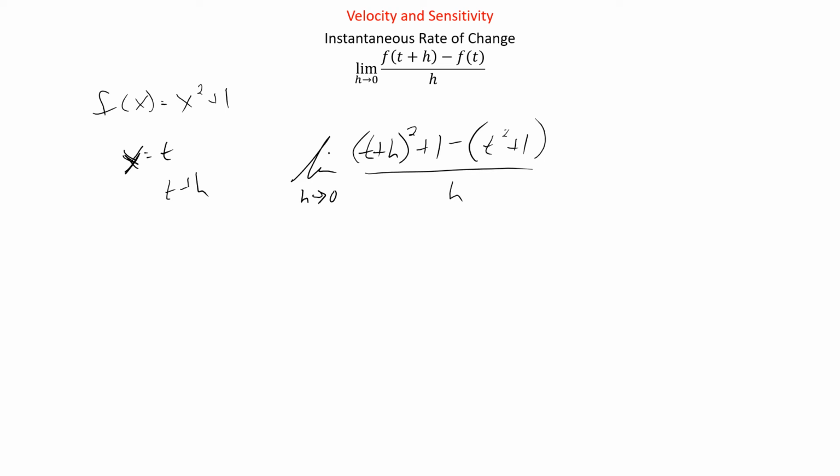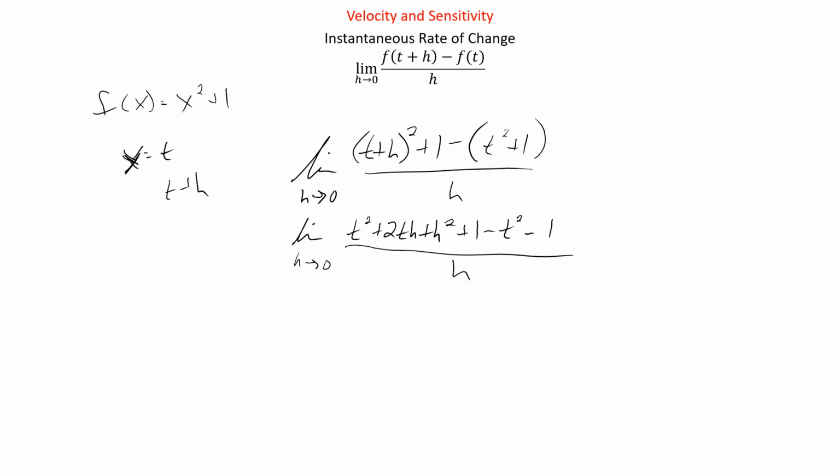And we need to simplify. So we're going to have to distribute out this (t plus h) squared, which again is not t squared plus h squared. It's going to be t squared plus 2th plus h squared. Then we have a plus 1, distribute the negative, minus t squared minus 1 over h.